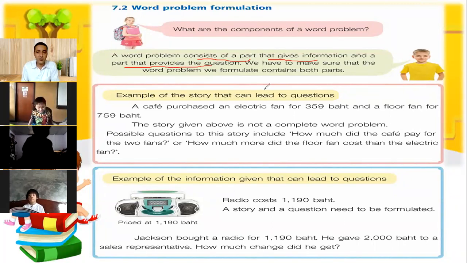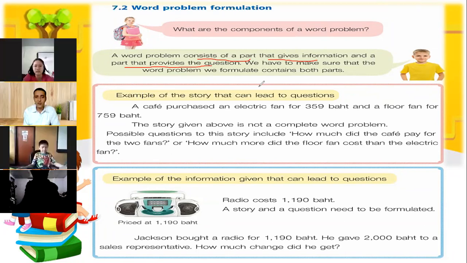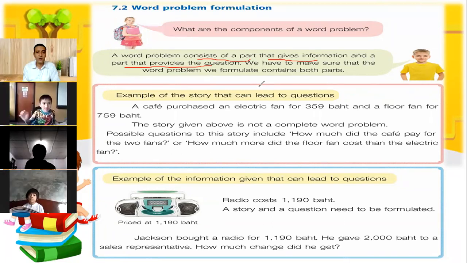So we have to make sure that the word problem we formulate contains both. First, the word problem should have information given to us. And second, it should have a question.